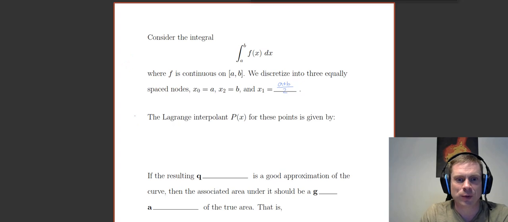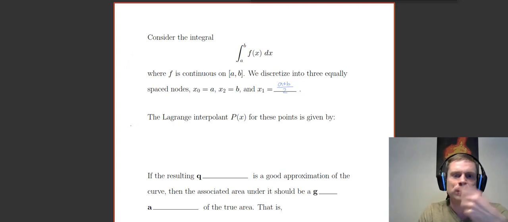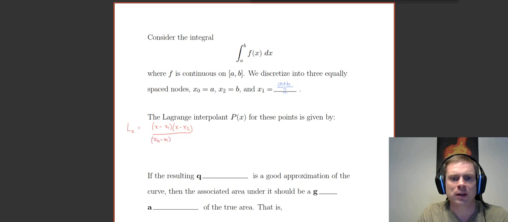We would construct three basis functions of the following. I'm going to call them L0, L1, L2 to go with x0, x1, x2. But I would have here L0 is equal to, well, how did that work again? I need to take x minus x1, x minus x2 over x0 minus x1, x0 minus x2.